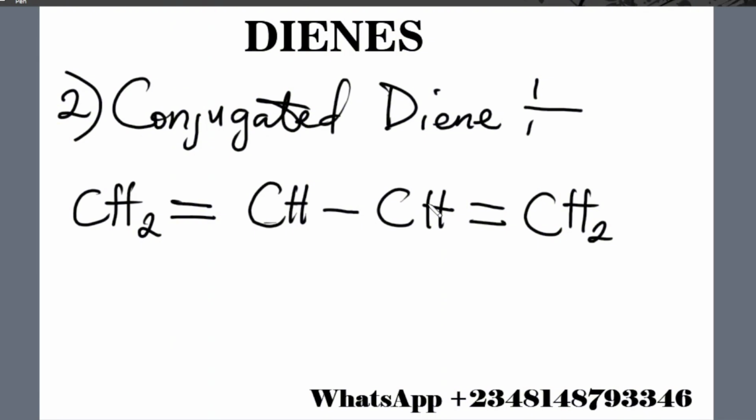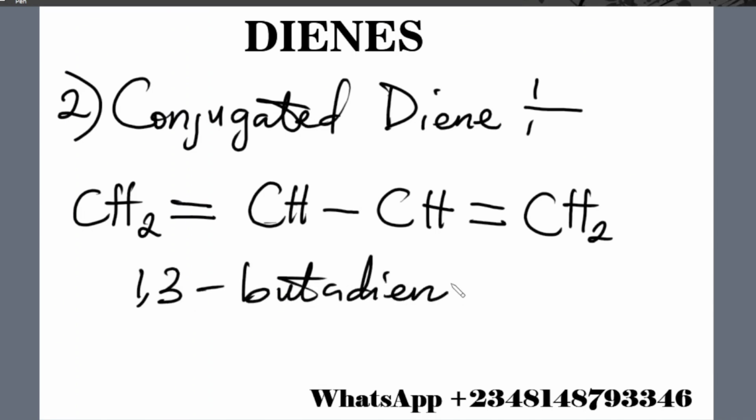So there is a single bond in between these two double bonds. Therefore, it is a conjugated diene. The name of this compound is 1,3-butadiene.